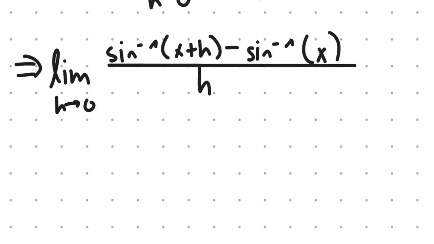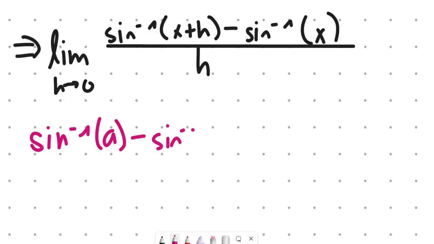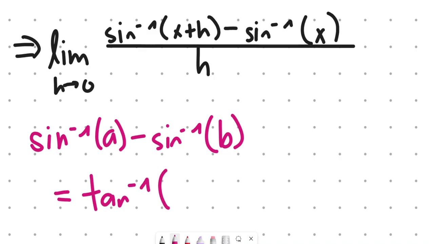Now, since we have a difference between two inverse sine functions, we have a property that states that the inverse sine of A minus the inverse sine of B is the inverse tangent of A minus B, all over the square root.